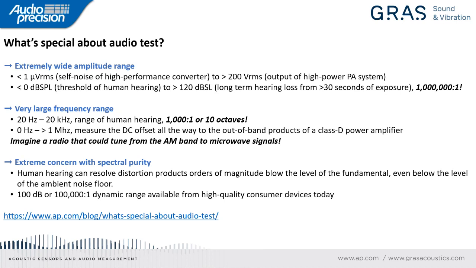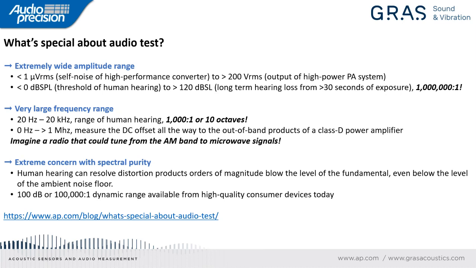The first of those is the extremely wide range of amplitudes we'll measure in audio signals. So on the electrical scope, a state-of-the-art digital to analog converter will have a self noise measured in microvolts.